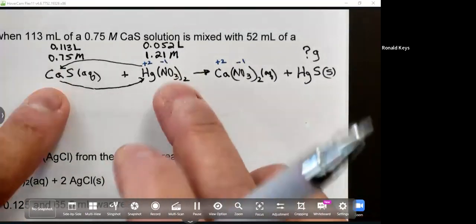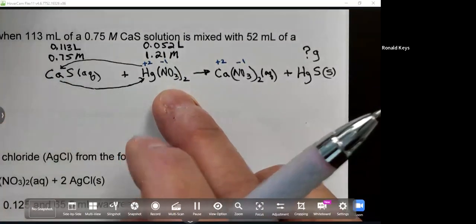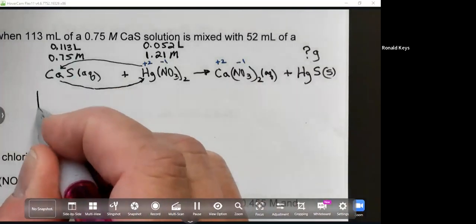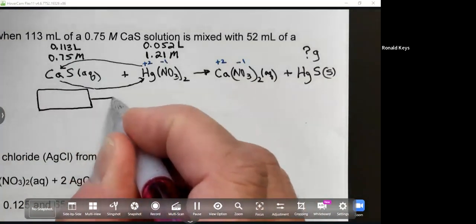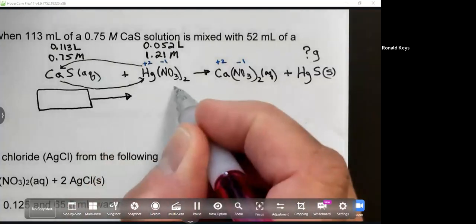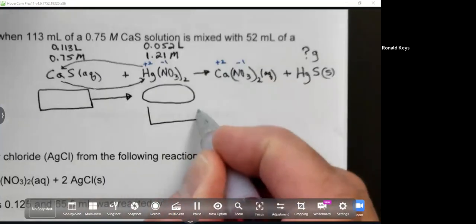So again, definitely a limiting problem. Let's calculate how many moles we have here. Actually, I'm just going to set this up. You can do it. How many moles you need here, how many moles you have.